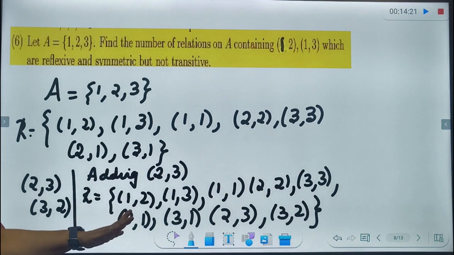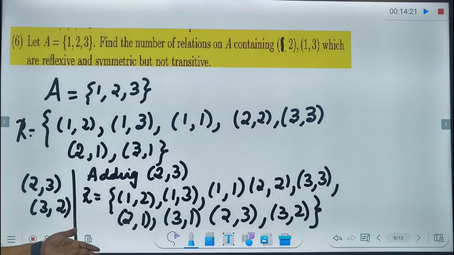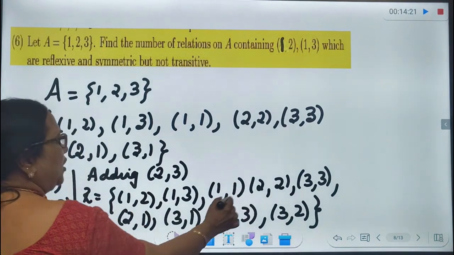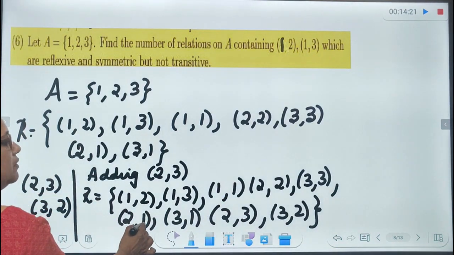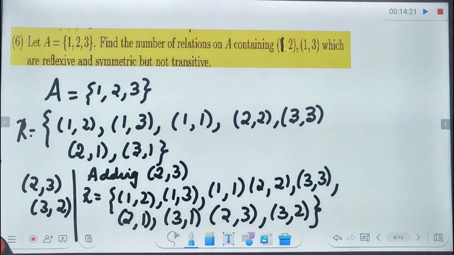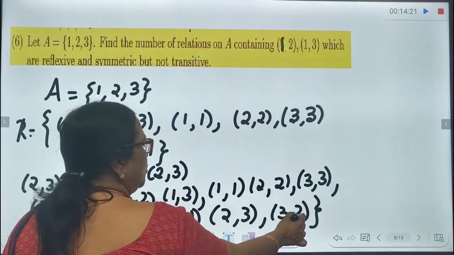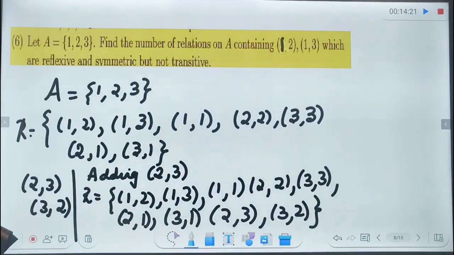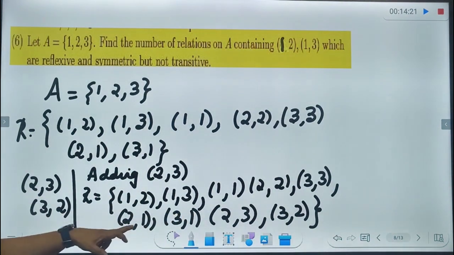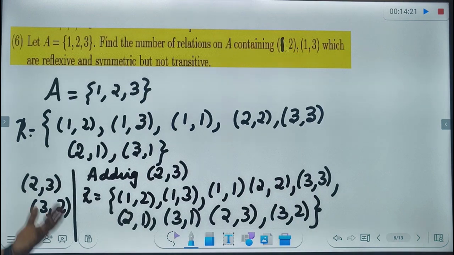So if I add these two, now what happens to the entire set? Is it transitive? See, I have (1, 2), (2, 1), (1, 2), (2, 2) is there. (2, 3), (3, 2) is there, which means (2, 2) is there. So, if I add these two, it makes it transitive.